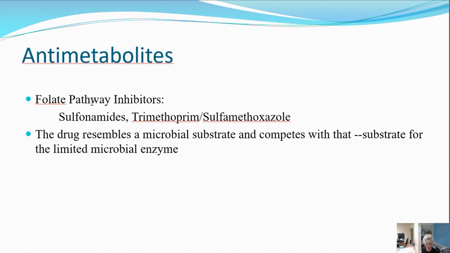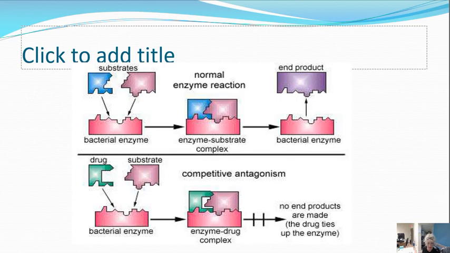So antimetabolites, folate pathway inhibitors: sulfonamides and trimethoprim-sulfamethoxazole. They resemble a microbial substrate that competes with that substrate for limited microbial enzyme activity. So if we look at the enzyme substrate, okay, here's your bacterial enzyme. Here's your normal enzyme substrate and your end product.